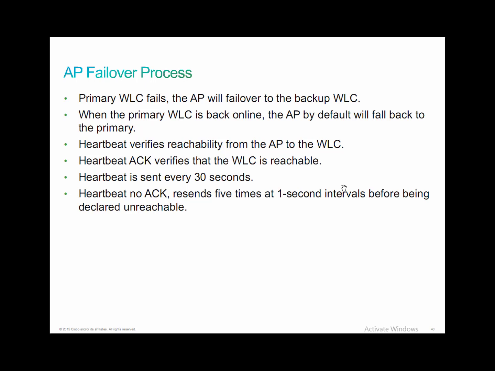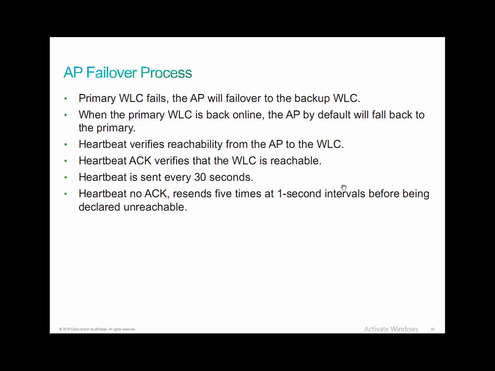APs monitor the status of controllers by sending hello packets. Periodic, these are called heartbeats. They're sent out every 30 seconds just to make sure that the controller is available. If the heartbeat is acknowledged from the controller, great. If one acknowledgement is missed from the controller, we resend the heartbeat 5 times in 1 second intervals.